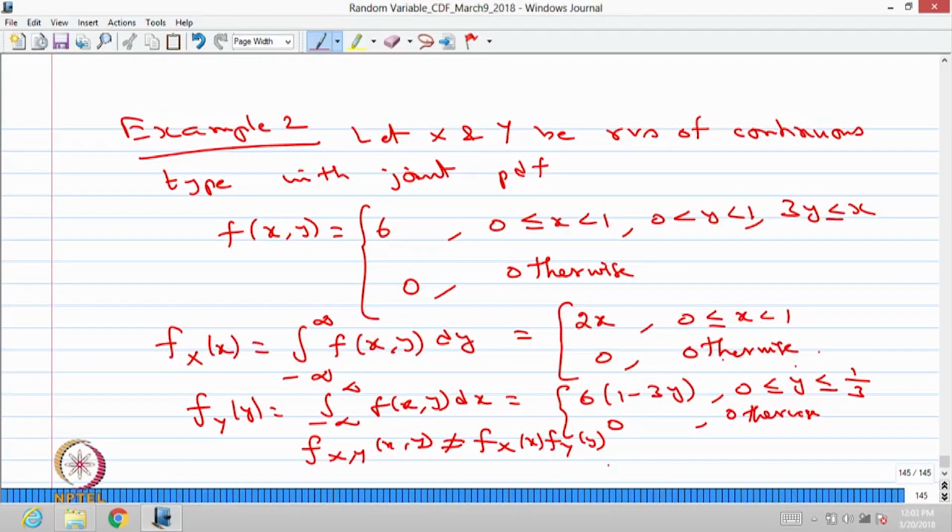For all x comma y, if this condition is satisfied, then you can conclude they are independent. But here the product is 2 times x, 6 times (1 minus 3y), whereas the joint probability density function is 6. Obviously you can say they are not equal, therefore x and y are not independent random variables.